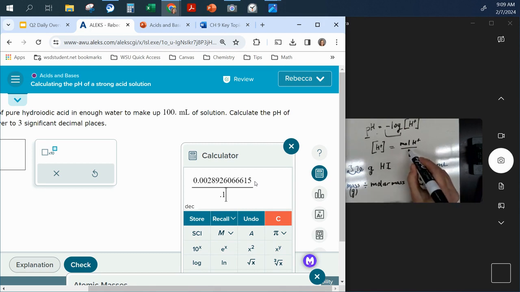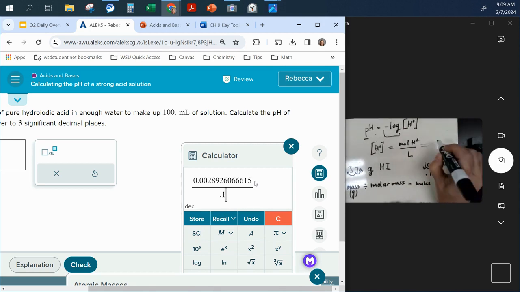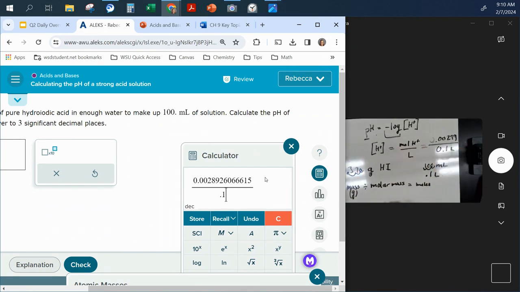So this is what I'm looking for right now. I'm looking for moles of hydrogen, which we just found, 0.00282 moles, and then liters is 0.1 liters. Okay, so this is the concentration of hydrogen ions in the solution.